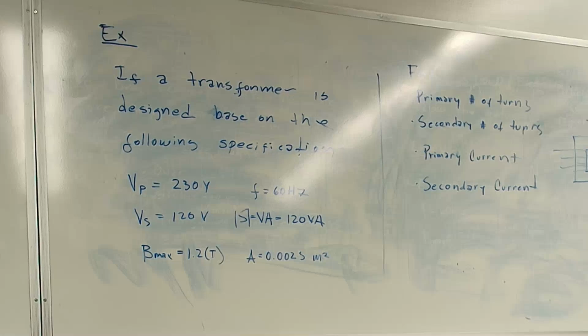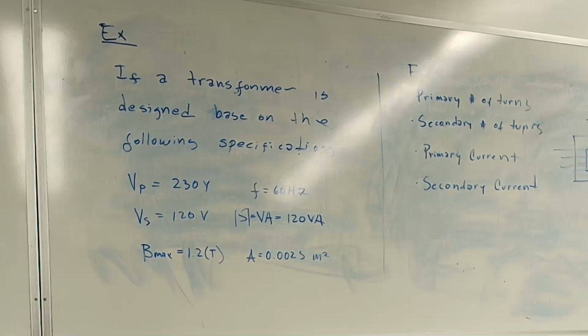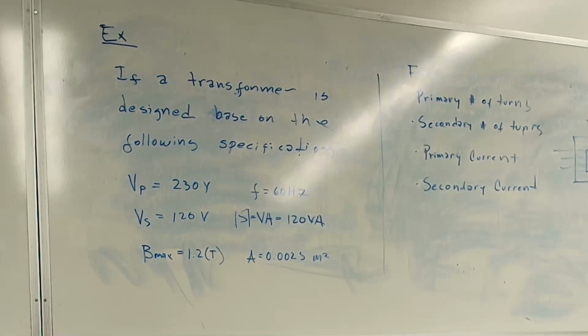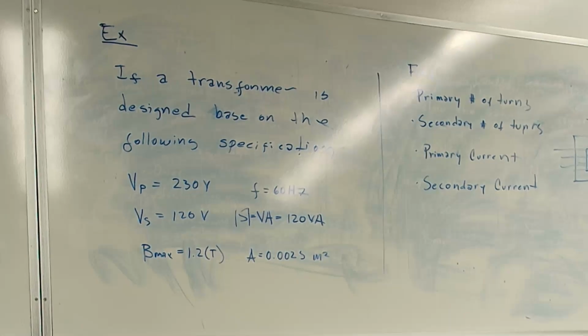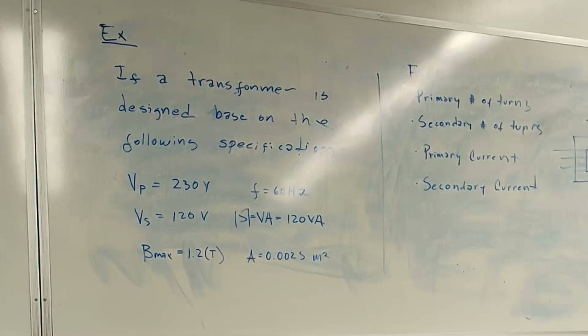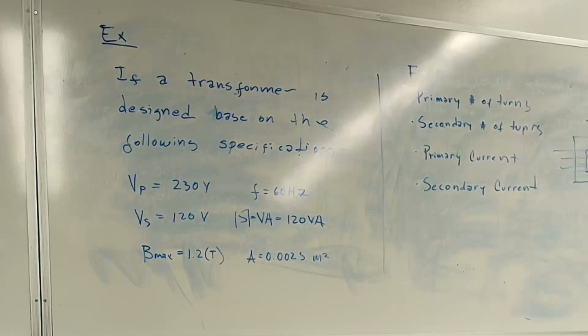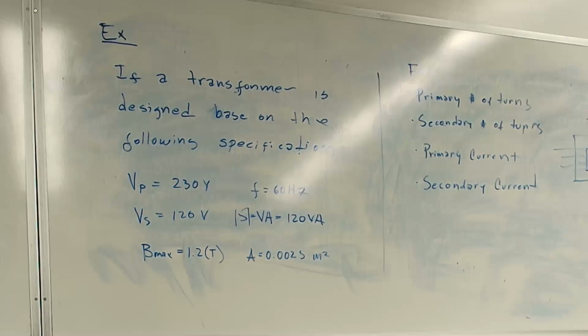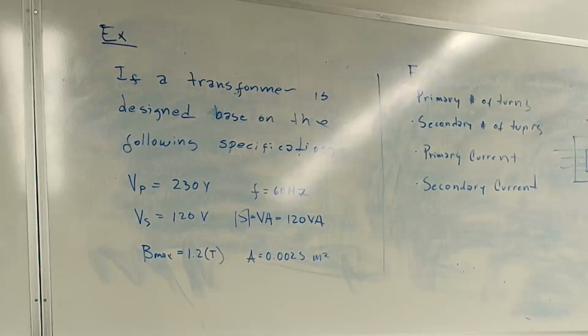The number of turns in primary, which is equal to V primary, which is E, right? I'm gonna put this here so that you don't get confused. VP and EP are the same. Divided by 4.44 times B max, the cross-sectional area, times the frequency.